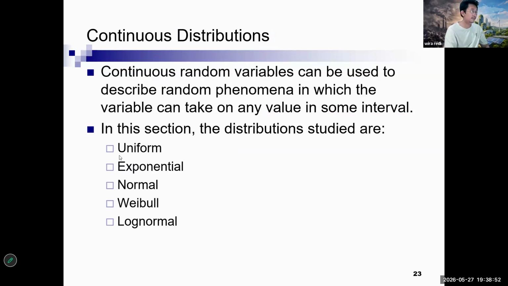For that, we have the uniform distribution, which is a very common one, where you have the same probability across the range, then the exponential distribution, the normal distribution, the Weibull distribution, and the lognormal. Examples include modeling customer service times, machine processing time, delivery time, repair time, and product lifetime.